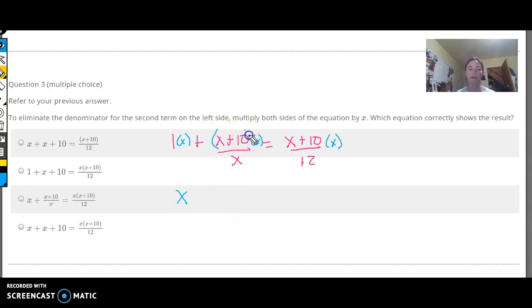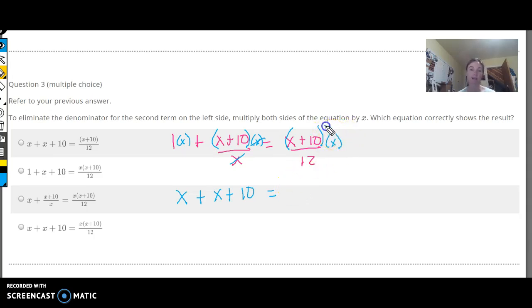In this one, though, the x's are going to cancel out, and essentially what that's doing is taking the x out of the denominator, which becomes very helpful, and I'm just left with x plus 10. So x plus 10 equals, and now I've got x plus 10 times x over 12.